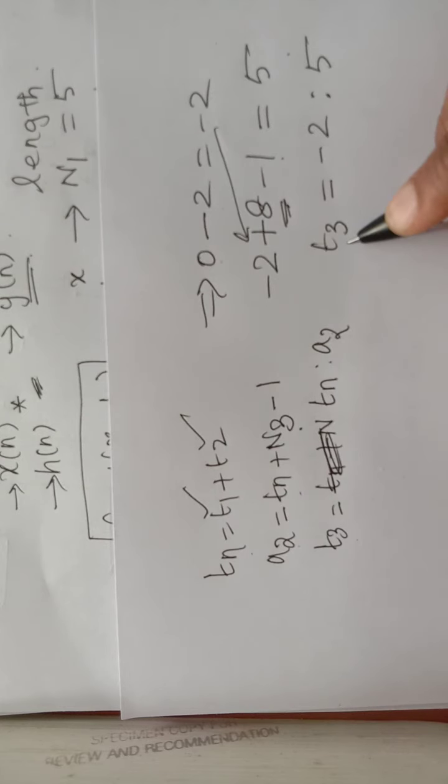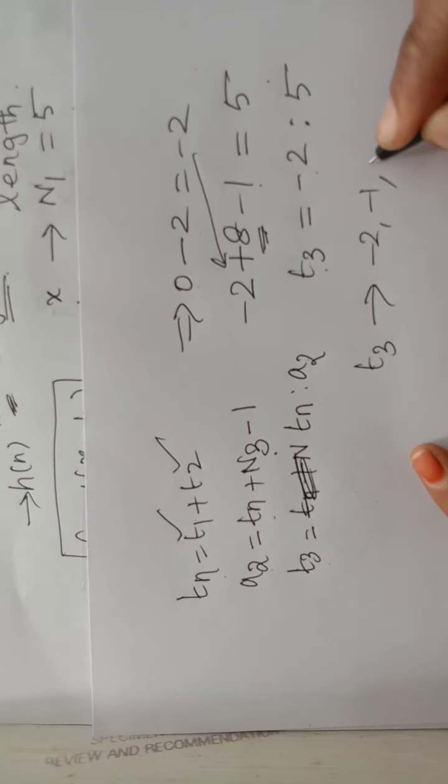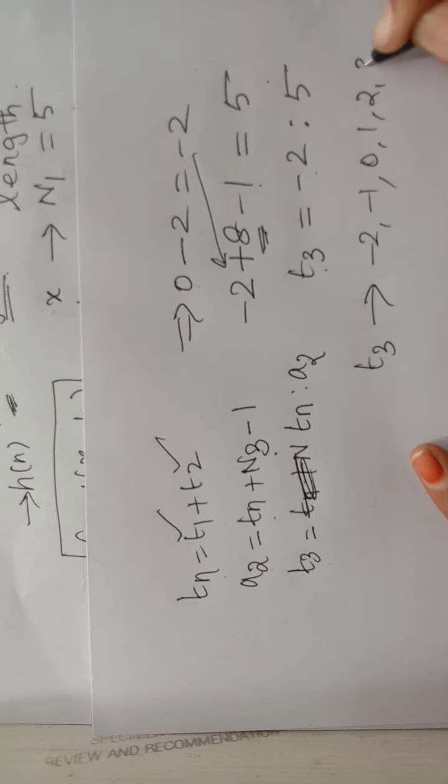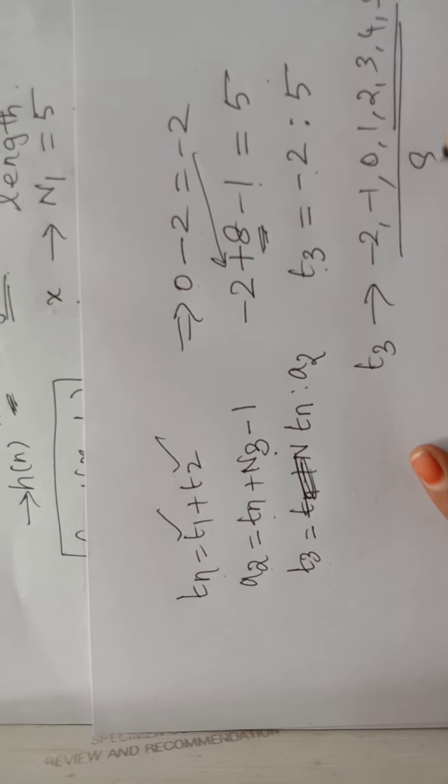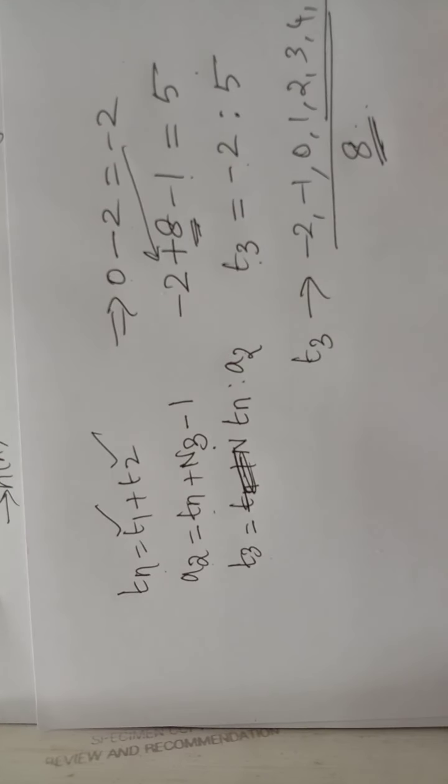So t3 is equal to minus 2 to 5. The t3 index varies for minus 2, minus 1, 0, 1, 2, 3, 4, 5. So how many values are you getting? 8, which is nothing but the length of the output. Like that you need to assign it.